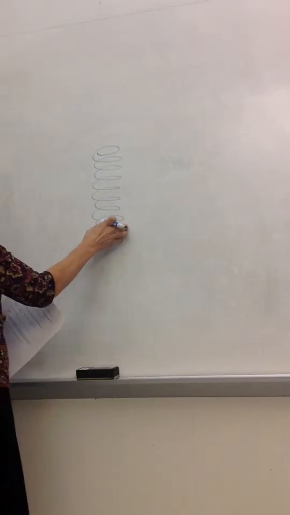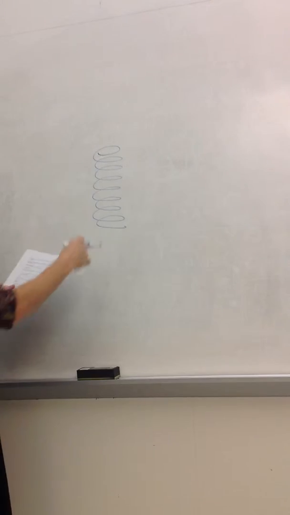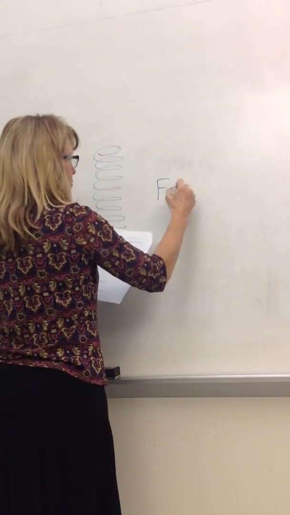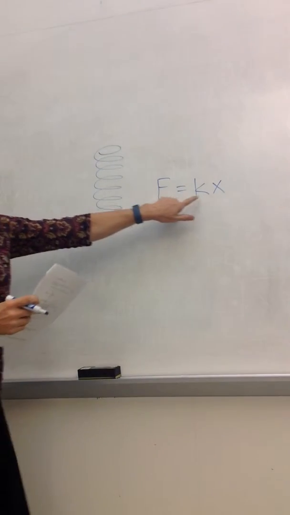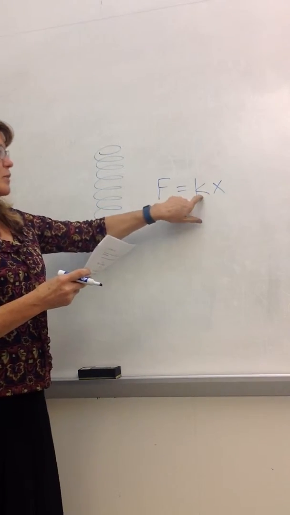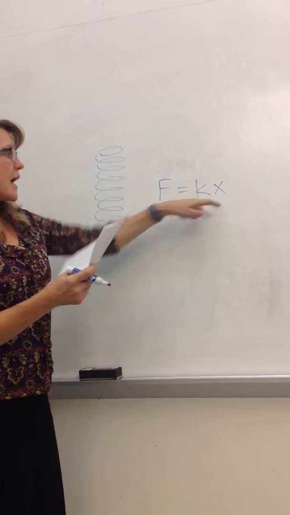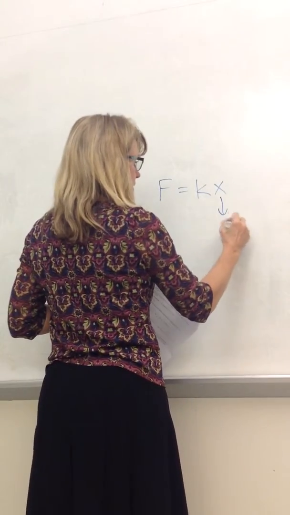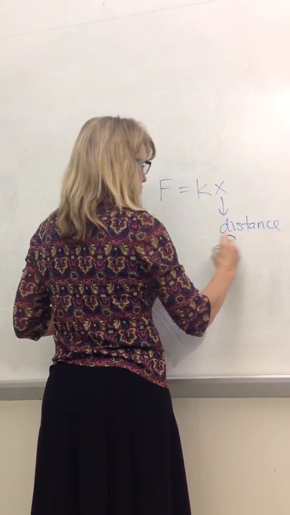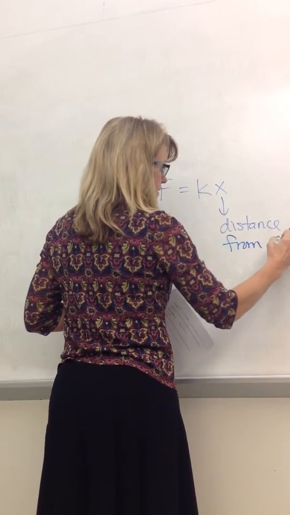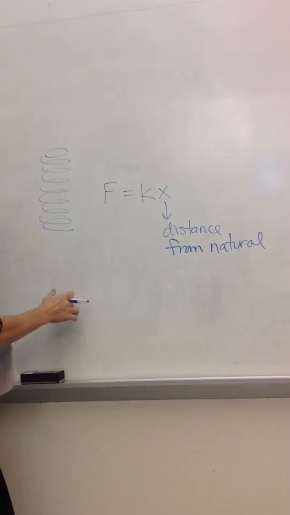The force to pull it or push it past its natural length is a linear function given by force equals some constant, unique for each spring, times x, its distance from natural length. Because it takes force both to push it smaller and to pull it longer.